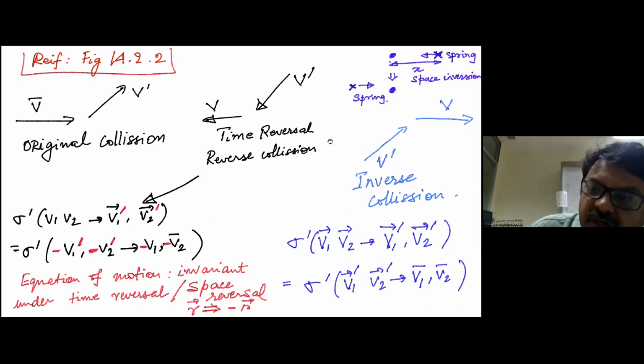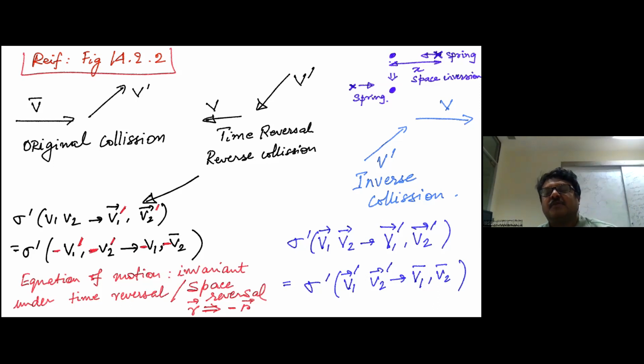Now if there was a collision, what would happen is, so V1, V... here the particles were starting to retrace their paths back.